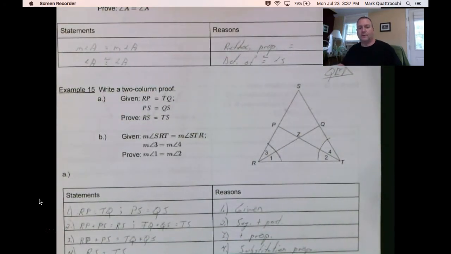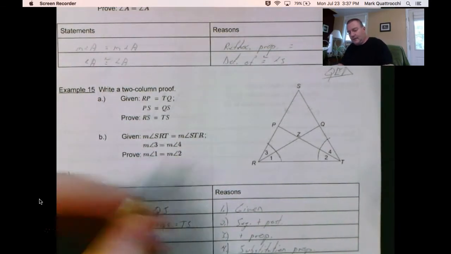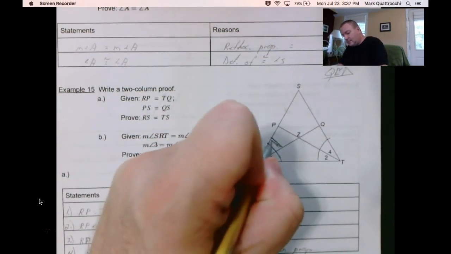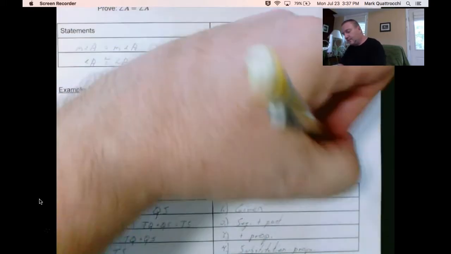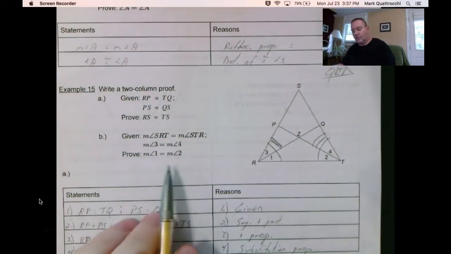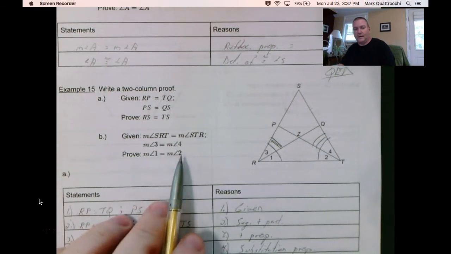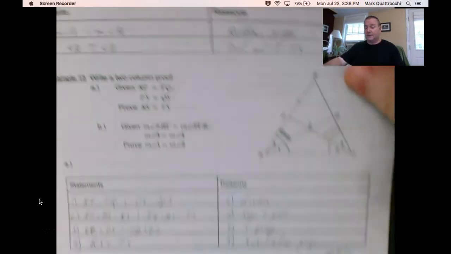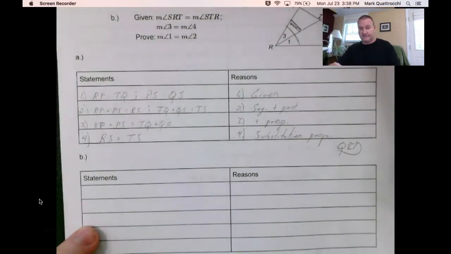Those two angles are equal. And the measure of angle 3 is equal to the measure of angle 4. Those two angles are equal. Our goal is to show that the measure of angle 1 is equal to the measure of angle 2. Very similar to the proof that we just did.